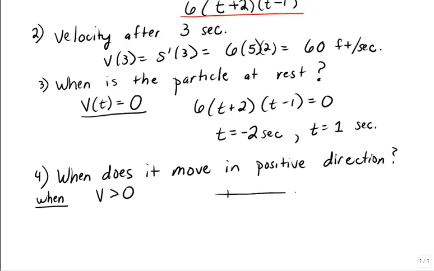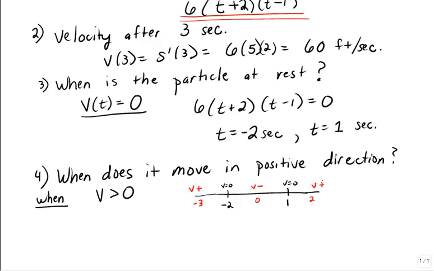So if we do another line, this is when the velocity is 0, and then we can pick test numbers to find out what happens in between there. So suppose we pick negative 3, we substitute negative 3 back into the velocity, and we're going to get v positive. If we pick 0, we're going to get velocity to be negative, and say we pick 2, we're plugging it back into the velocity, and we get v to be positive.